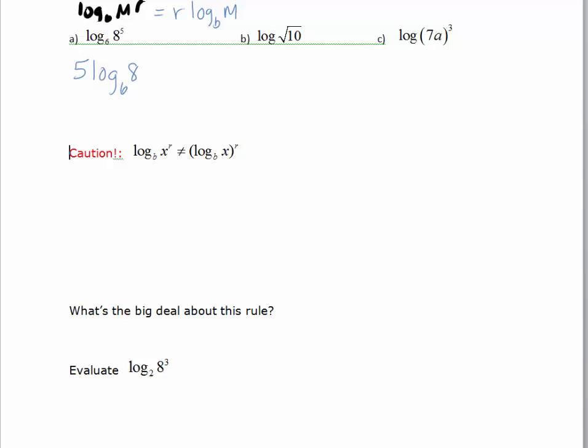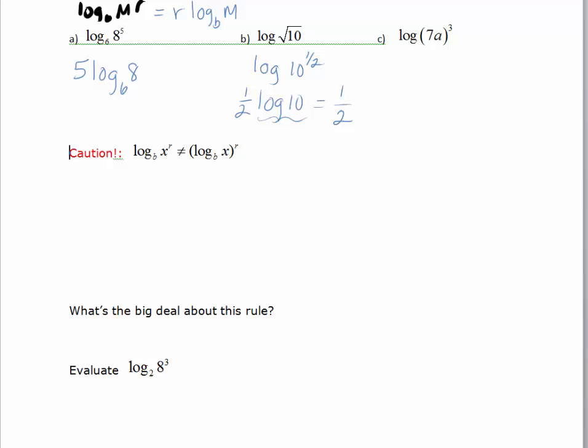And so for the next one, for b, before we use the power rule, we want to rewrite the square root of 10 as 10 to the 1/2, and then we'll multiply the log of 10 times the half. And we know that the log of 10 is equal to 1, so if we multiply a half times 1, we'll get 1/2.